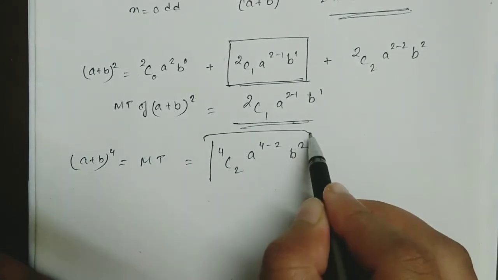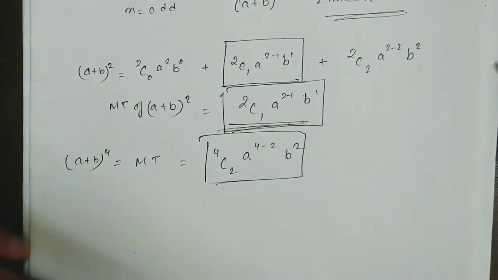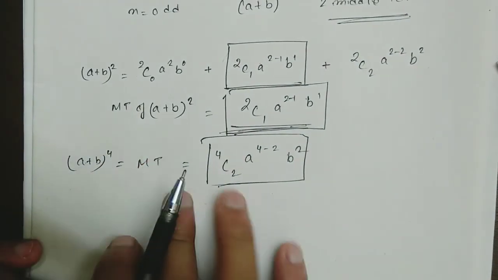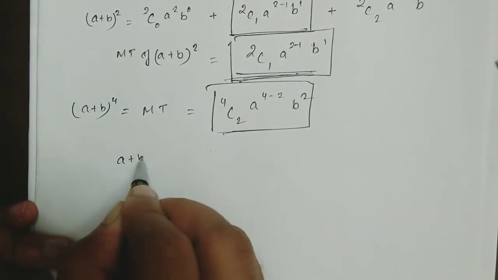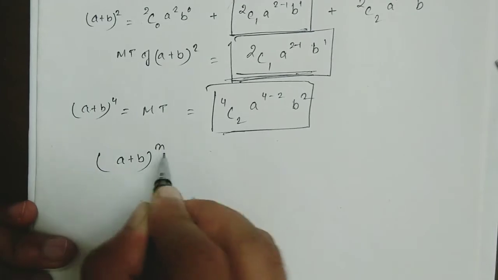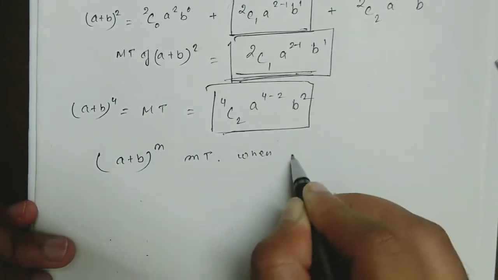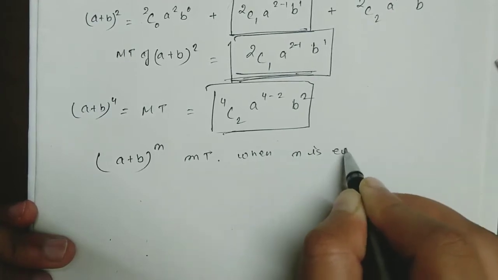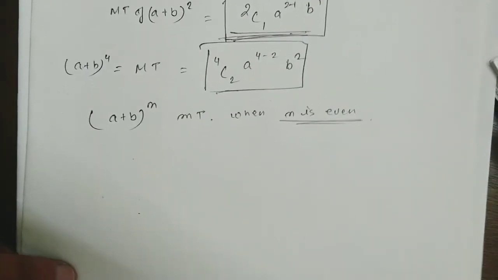Now these are the middle terms for (a plus b) whole square and (a plus b) whole to the power 4. But now see, if I am asked to find the middle term of (a plus b) to the power n when n is even, when n is 10 or n is 12, then what will I do? So let us try to generalize it.